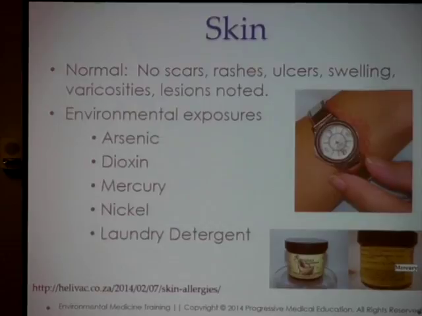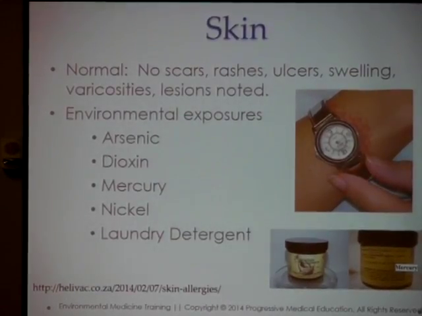Certain environmental exposures are connected to skin health, like contact dermatitis with nickel exposure through watches. With arsenic, over time, if somebody is consuming a lot of non-organic chicken and happens to accumulate arsenic and can't mobilize it well, the arsenic can deposit into the skin, so you'll see white spots on their skin.